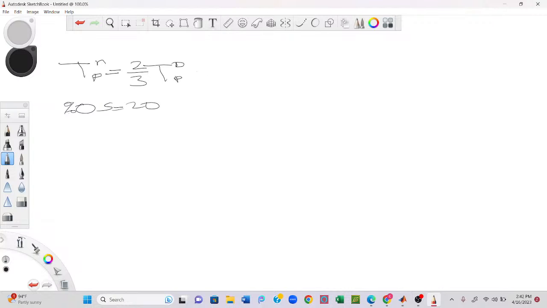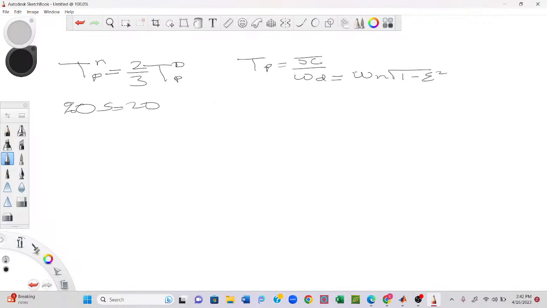We all know the formula for the peak time: pi over omega d. And omega d is omega n times the square root of 1 minus zeta squared.